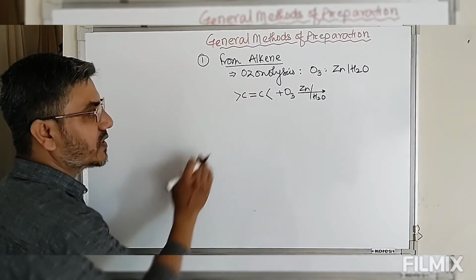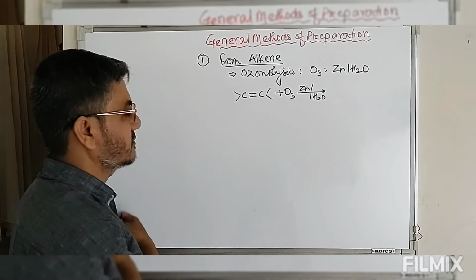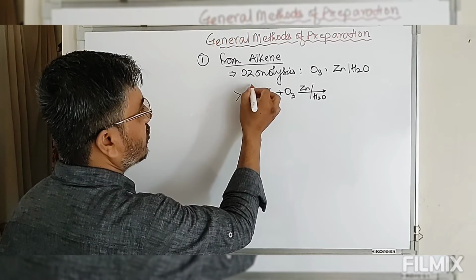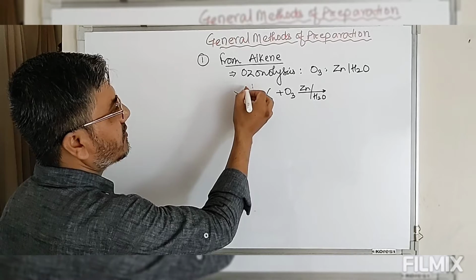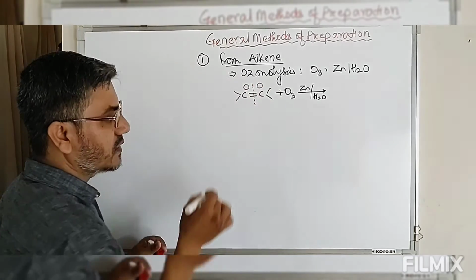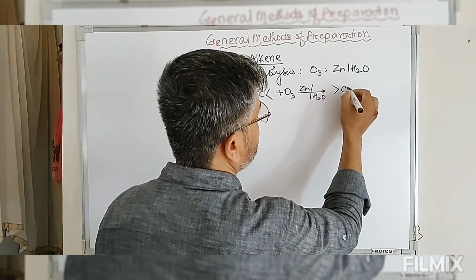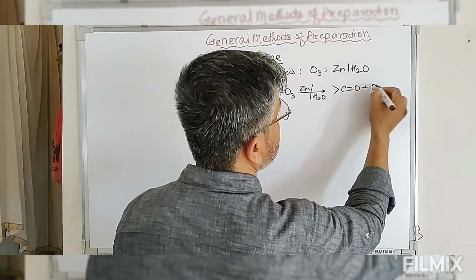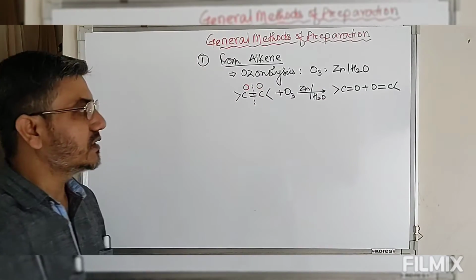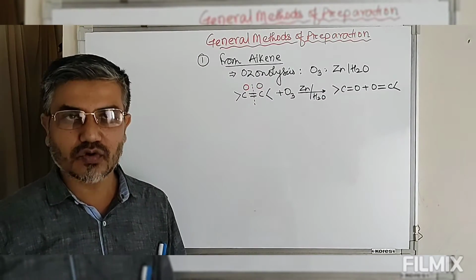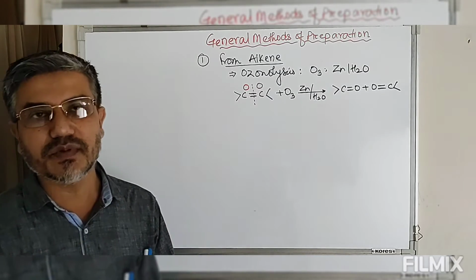When this carbon-carbon double bond breaks, on each of these carbons an oxygen is introduced, and the product formed is C double bond O plus C double bond O. These two products may be aldehyde or ketone, or both may be aldehydes, or both may be ketones, or one may be an aldehyde and the other a ketone.